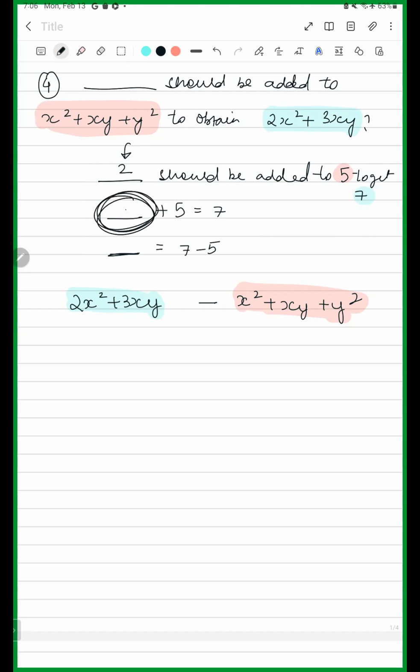You will find it when you subtract 5 from 7. When 5 goes to the other side, it becomes minus 5, and that's how it becomes 2. Okay, understood. So that is why you're supposed to do the subtraction: the second expression minus the first expression.